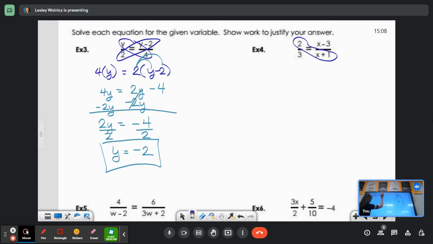So what do I need to remember to put around the x plus 1? Yeah, parentheses. So 2 times x plus 1 in parentheses equals, same thing here, 3 times x minus 3 in parentheses. So on this one, I'll have to distribute twice.